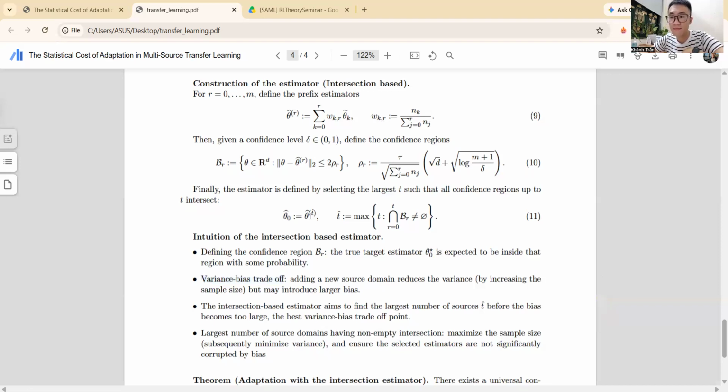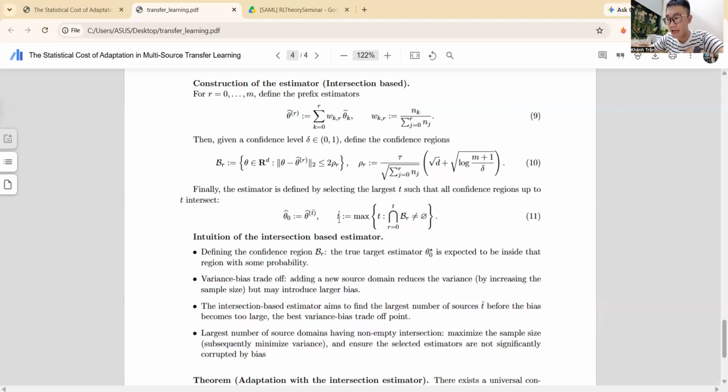And when they reach the maximum t, when all the domains intersect with each other, it means that they reach the highest number of domains with consensus. And if they increase the number of source domains, they don't agree with each other.